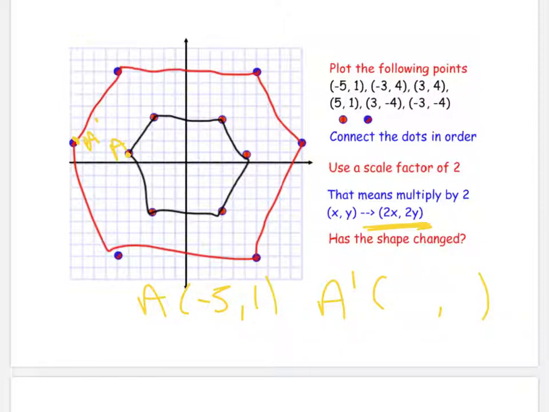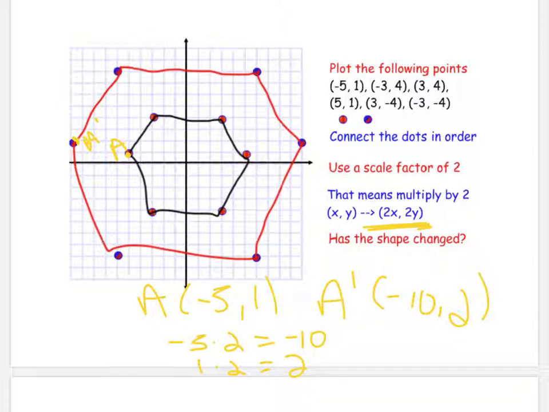So I'm multiplying it by the scale factor of 2. So -5 times 2 and 1 times 2. So -5 times 2 is -10, and 1 times 2 is 2. So A prime should be at -10, 2. And A prime is in fact at -10, 2.